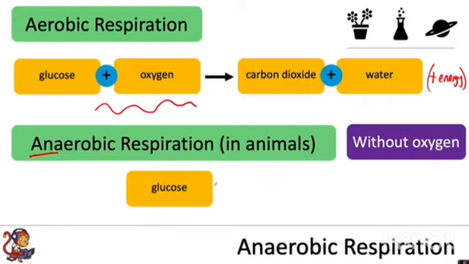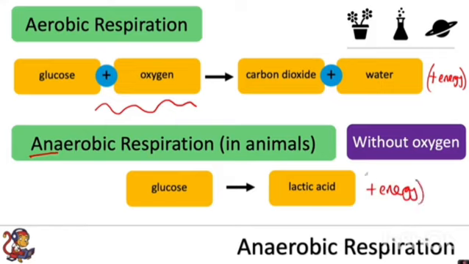This time, glucose makes lactic acid. Also with anaerobic respiration, you will also have energy released, which we can write in brackets at the end. This specifically is anaerobic respiration in animals. So in animals, glucose is broken down into lactic acid.